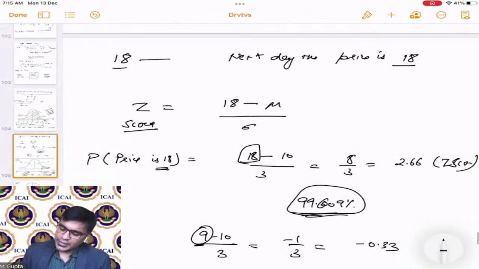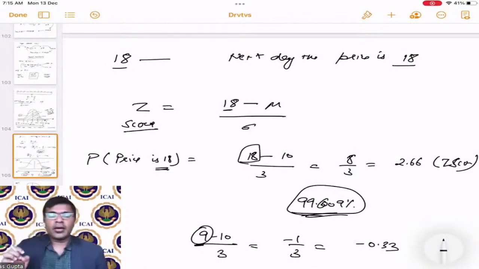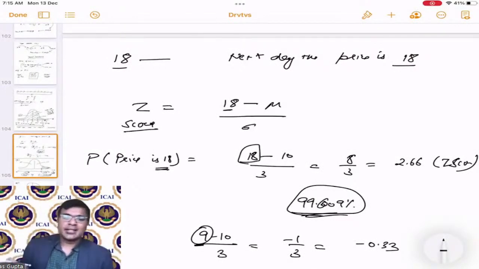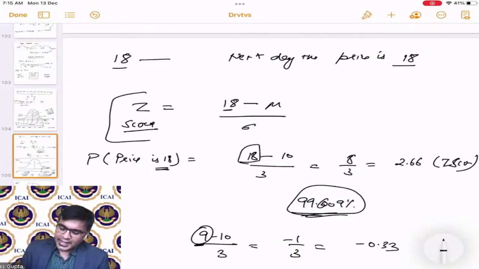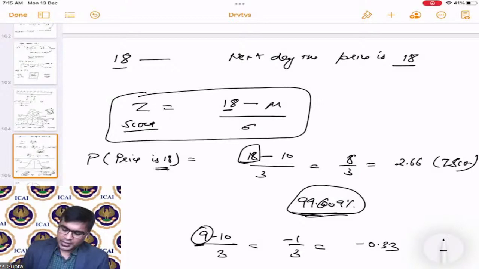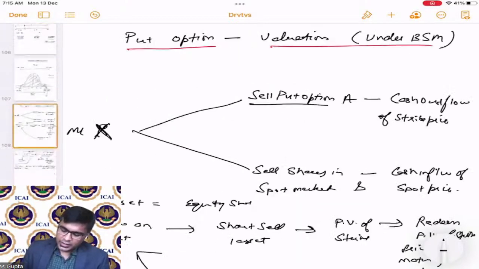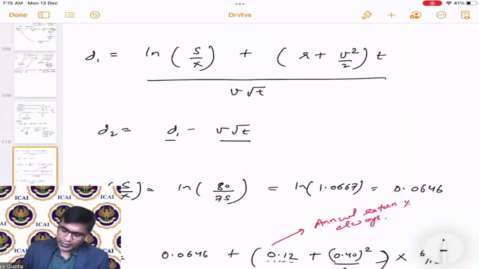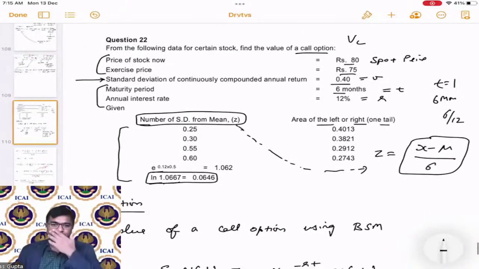Z score was that particular observation minus μ, which is the mean, totally divided by the standard deviation, correct? So this is the basic characteristic of a standard normal distribution table. Hence, reading that, we came to know that this data is actually for the standard normal distribution table.